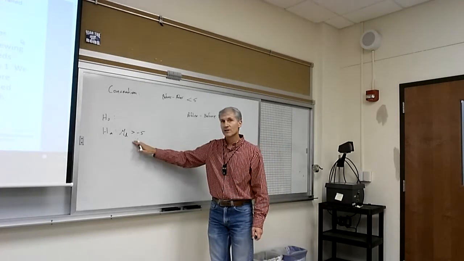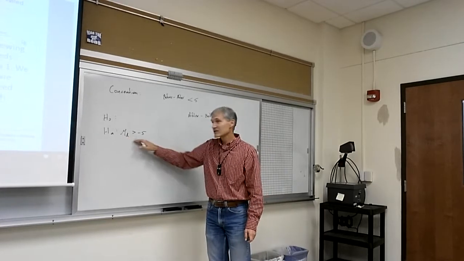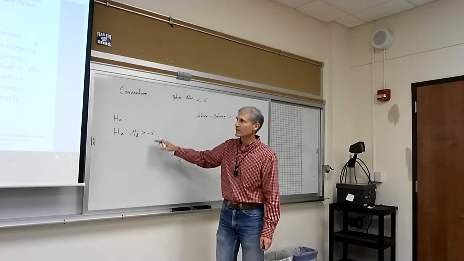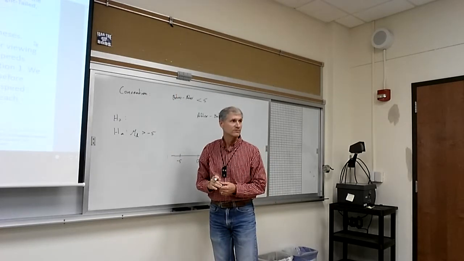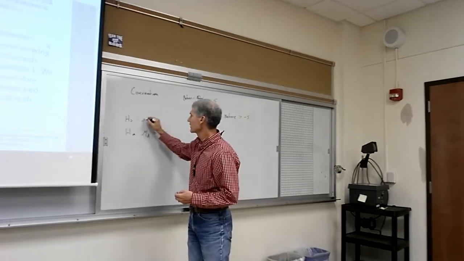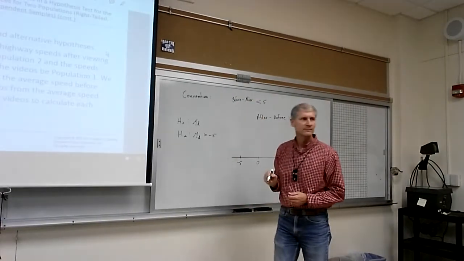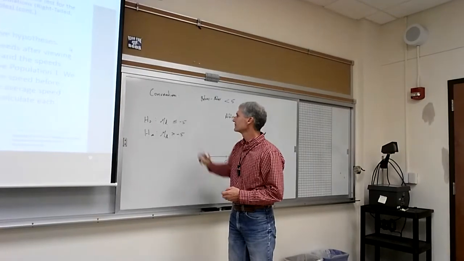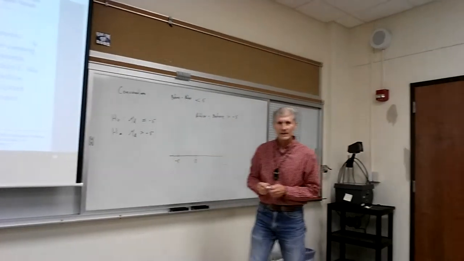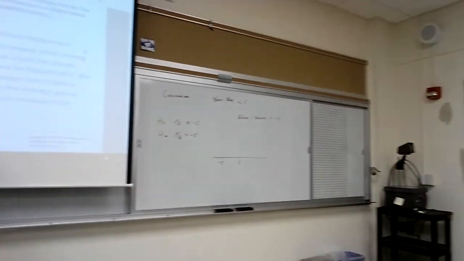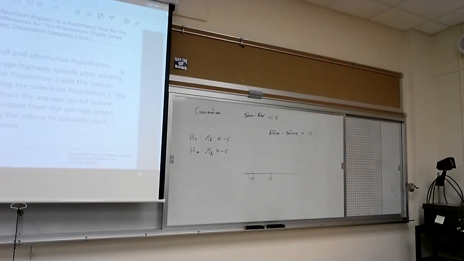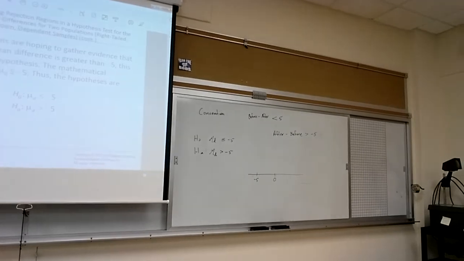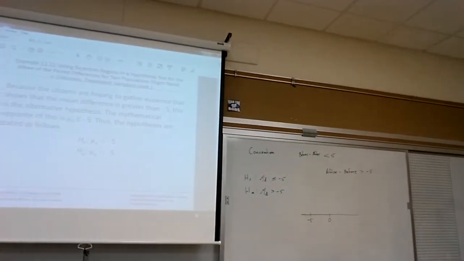So that was the alternative claim, that there's less change in their speed than what the people who make the video thought. So the people that make the video think what? Less than or equal to negative 5. Okay? So there's our null and alternative hypotheses, which are shown on the video there.